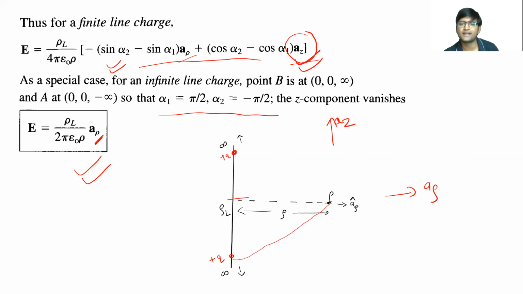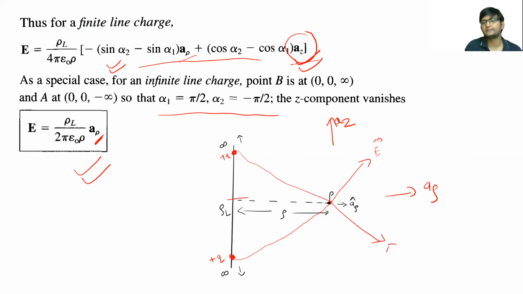My line is not very straight, but you just get the idea. Because of this plus q, the below one, the electric field will be going in this direction, right? And because of this point, the electric field will be going in this direction. Since both these points are exactly at the same distance from the center in the opposite direction, the magnitude of electric field is going to be the same.